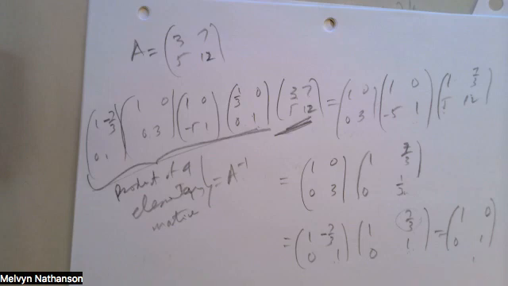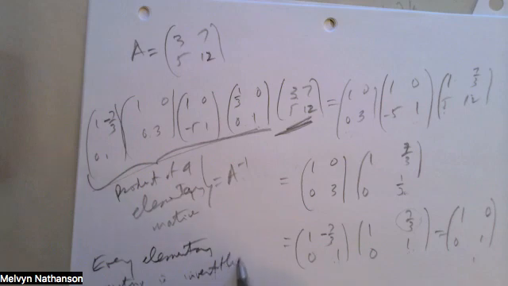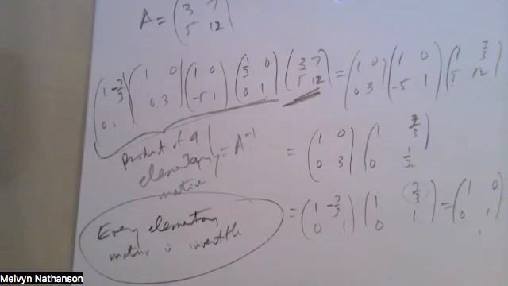I should add, of course, that every elementary matrix is invertible. Because if you interchange 2 rows, and then interchange the same 2 rows again, you're back where you started.